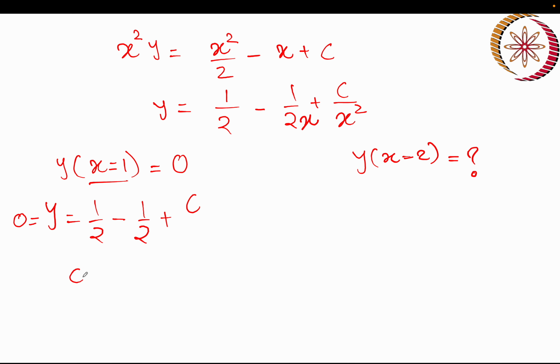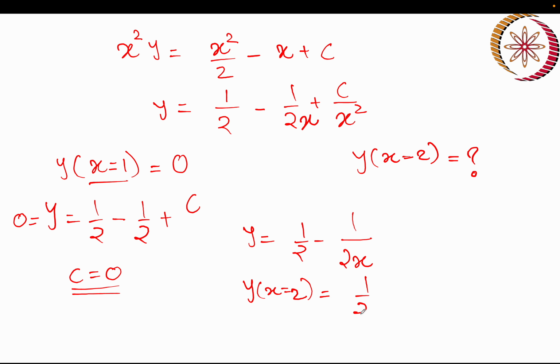So we see that c is equal to 0, and then if we substitute this into this equation, we'll get y is equal to half minus 1 upon 2x, and if we substitute x is equal to 2, y at x is equal to 2 will be half minus 1 by 2 into 2, which is half minus a quarter, which is 1 by 4, which is 0.25.